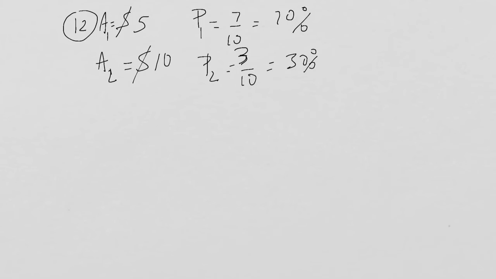To calculate the expected value that would be deducted from my purchase, in question A, I just need to do E equals 0.7 multiplied by $5 plus 0.3 multiplied by $10.